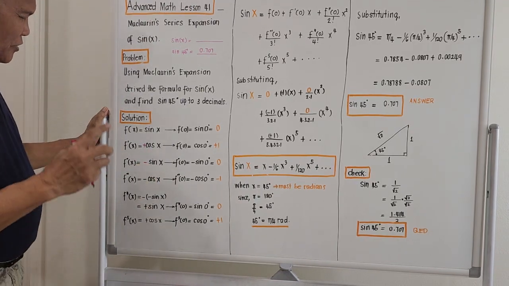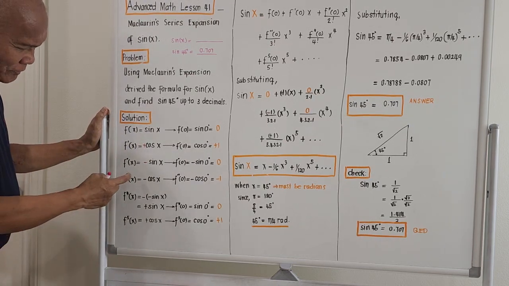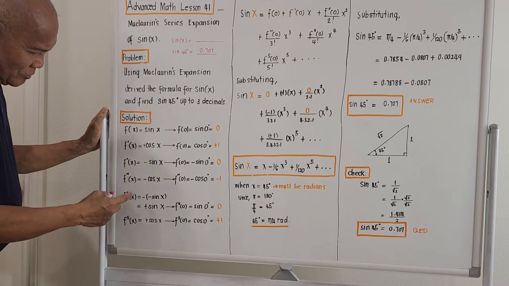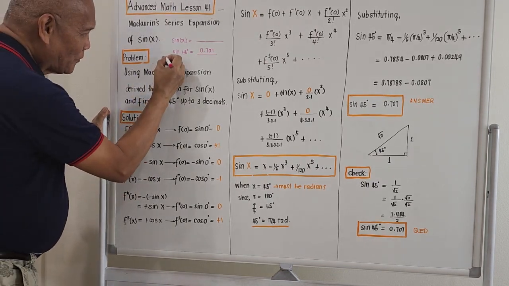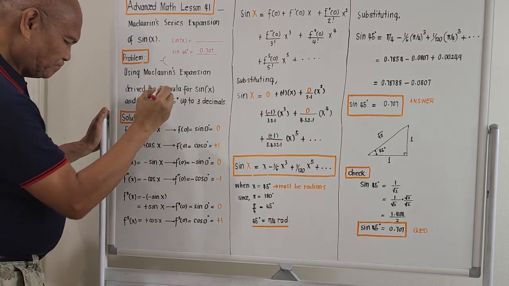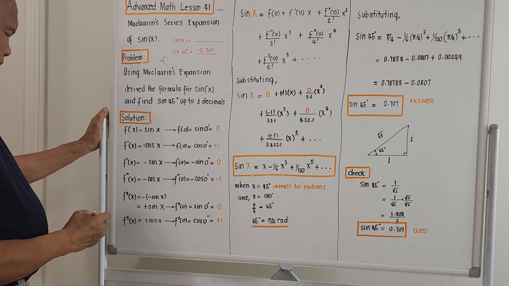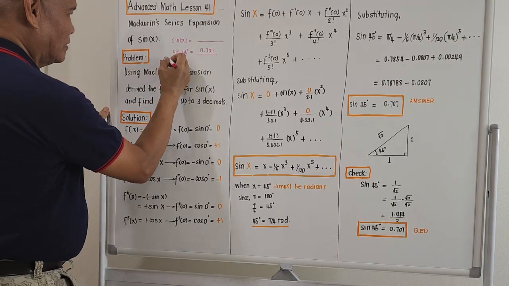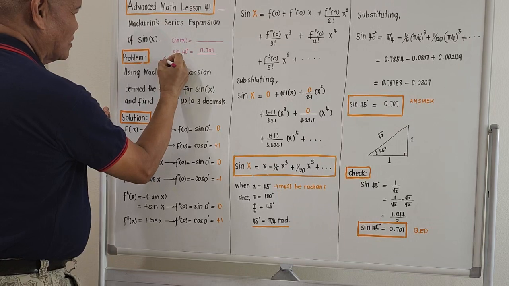Let's take the third derivative. The third derivative will be the derivative of the second derivative. If we take the derivative of this, it should be negative, open quantity, the derivative of sine, which is cosine of x, and it is plus.